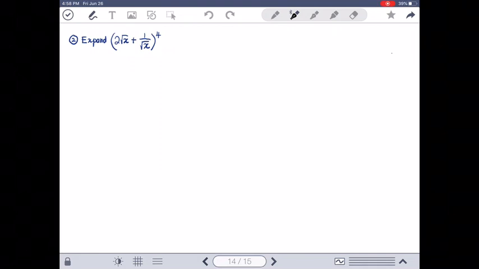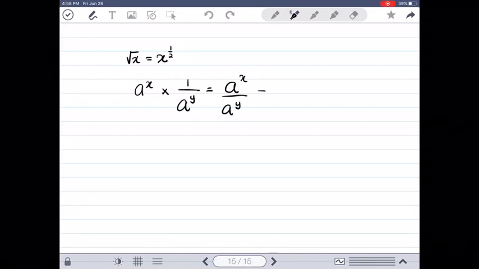Okay, now let's have a look at the next example. Before we start expanding this example, I just want to recall a few things. Remember that square root of x is just equal to x to the power of 1 over 2. And also, if you have a to the power of x times 1 over a to the power of y, this is just equal to a to the power of x divided by a to the power of y, which is just equal to a to the power of x minus y.